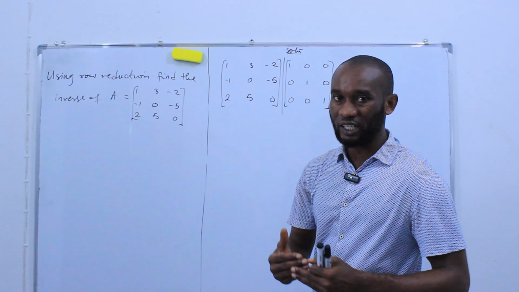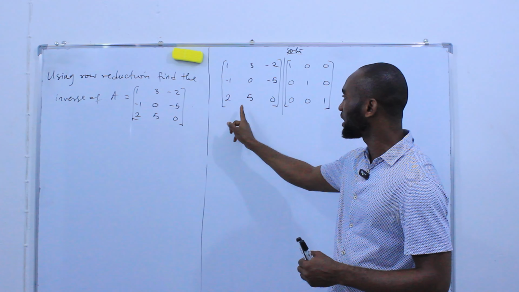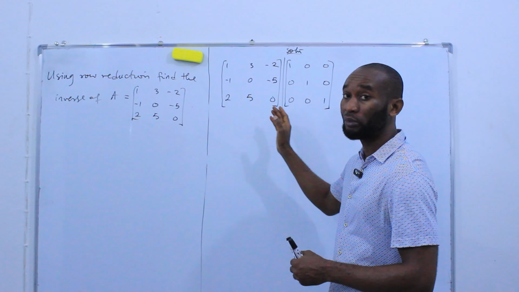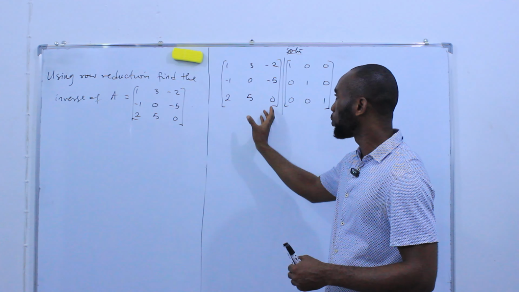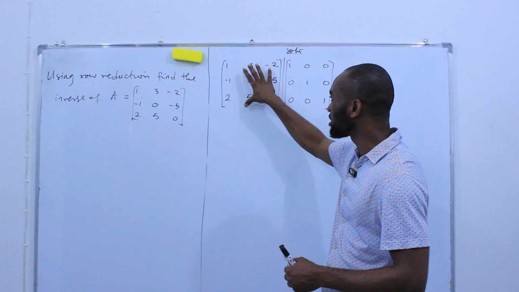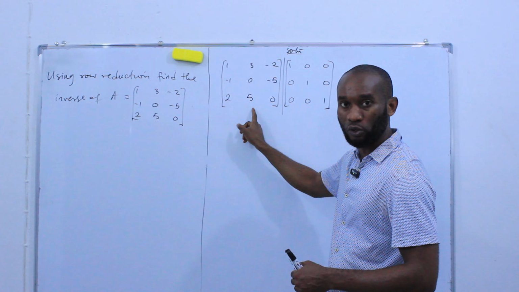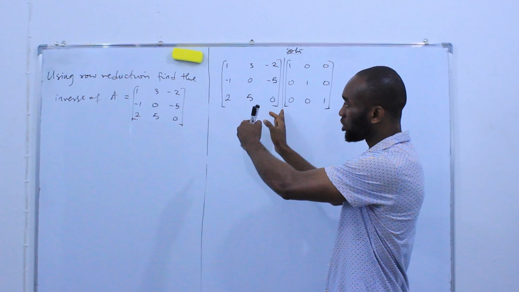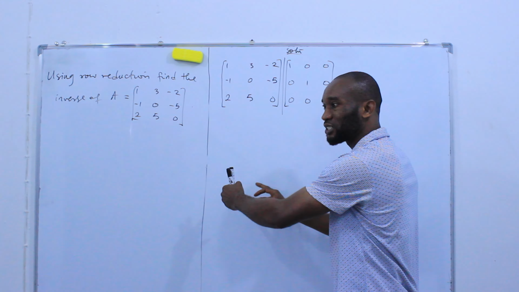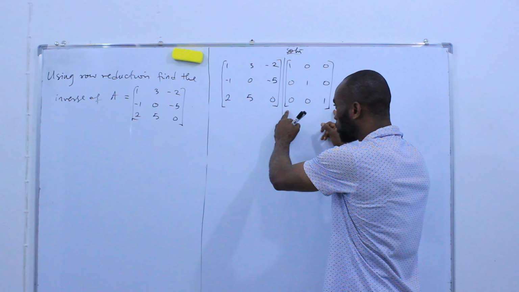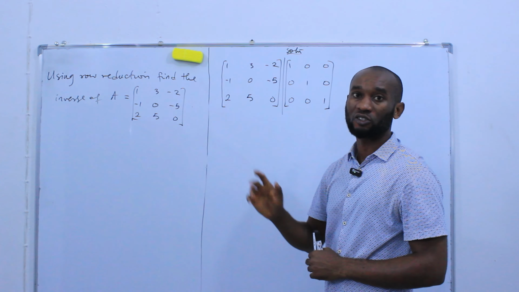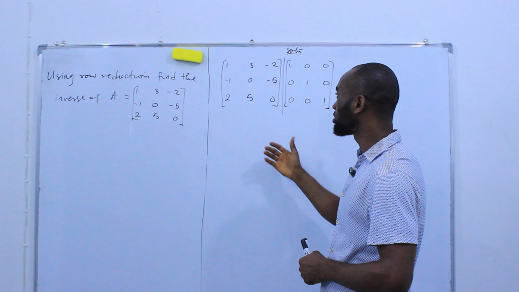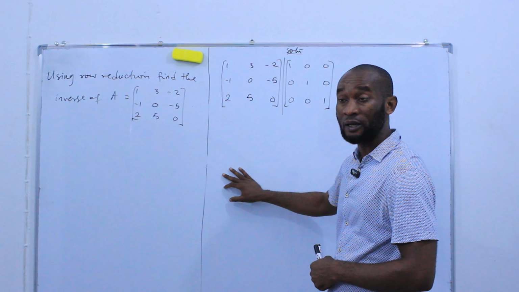So the process we're going to use is to align A and the 3 by 3 unit matrix side by side, so that when we row reduce the matrix on the left-hand side to the unit matrix, we are automatically row reducing the one on the right to the inverse of A. So this one becomes the inverse of A, whereas this one becomes the unit matrix.